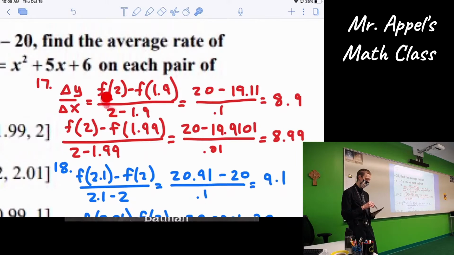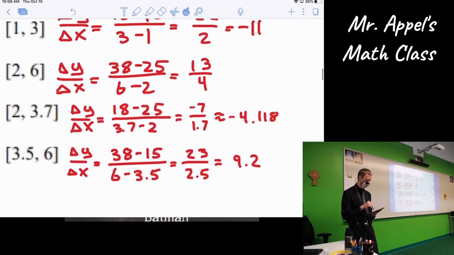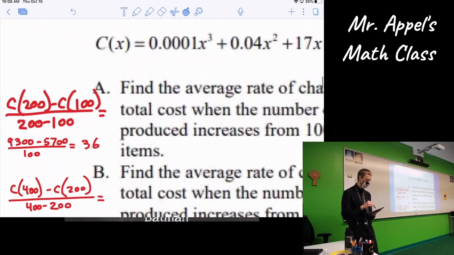So this function was called f. This function was called c. Otherwise, this formula is exactly the same. Function of the first minus function of the second, divided by first minus second.